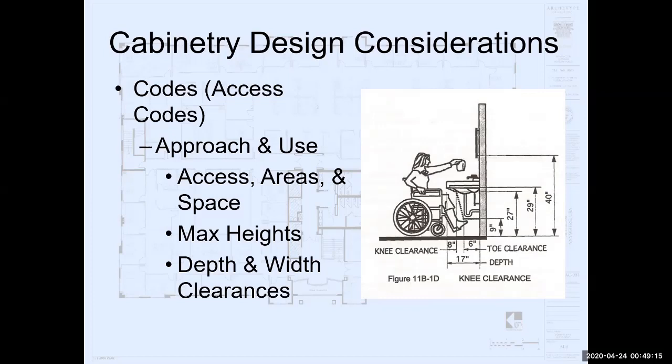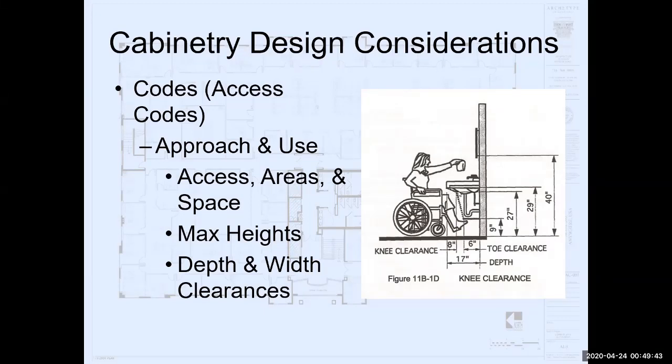So if your client is asking you for ADA, make sure they're not asking for California Building Code requirements, because there's some slight differences, and probably worth noting the difference. One of the differences is that in the California Building Code, this needs to be protected, but not necessarily enclosed.